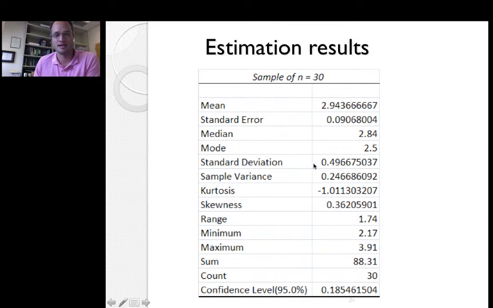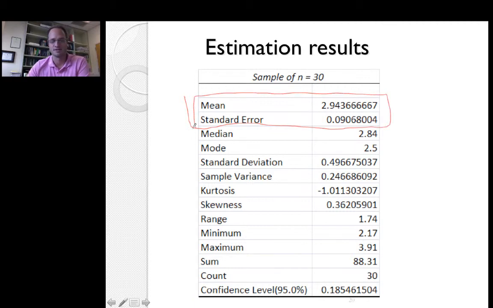S being this value, 0.4967, divided by the square root of 30. All right, but it's all figured out for you. And so really, it's these two values that we're going to need to construct the test statistic to compare to the critical value.